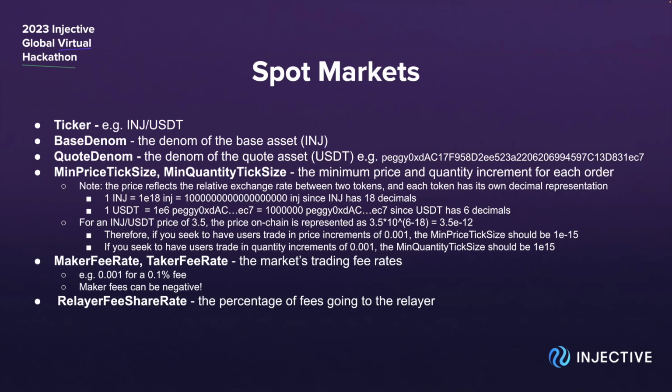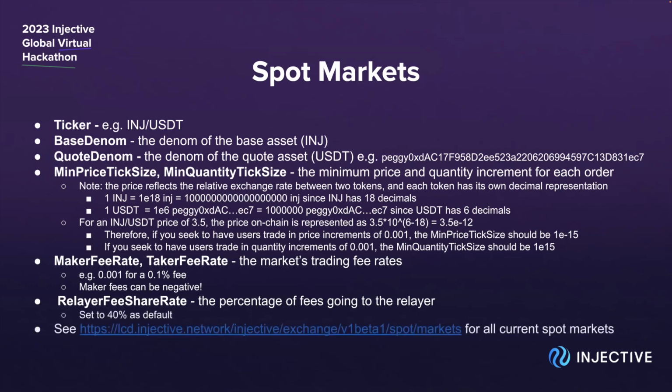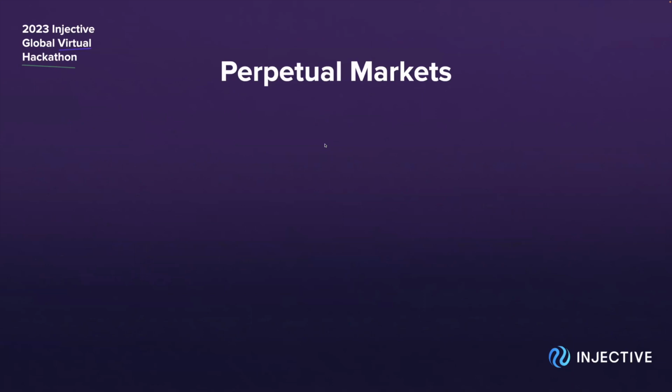Typically this is 40%, which means that if a user pays $10 in fees, $4 would go to the sourcer of that liquidity, which can be, let's say, a front end or some other address. The remaining percentage goes to the protocol. It's set to 40% as a default. You can see the existing markets at this link here, just to see the actual raw representation of the spot markets.